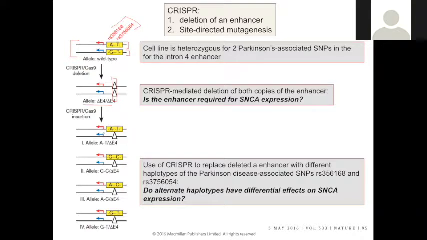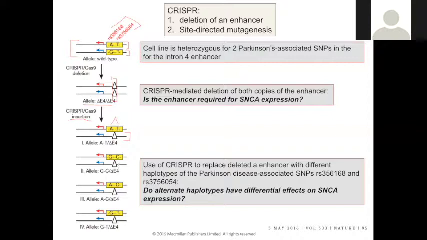In the second experiment, they performed what is called an insertion. In other words, they now wanted to study the effects of specific haplotypes or allele combinations on the function of this enhancer. So now they've created a heterozygous cell line. One copy of the gene lacks the enhancer, and in this case we see an AT combination.